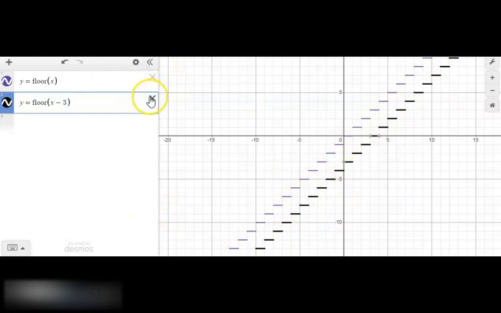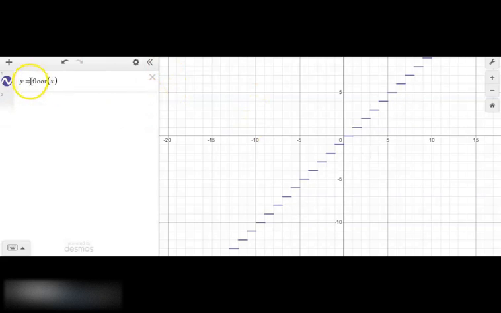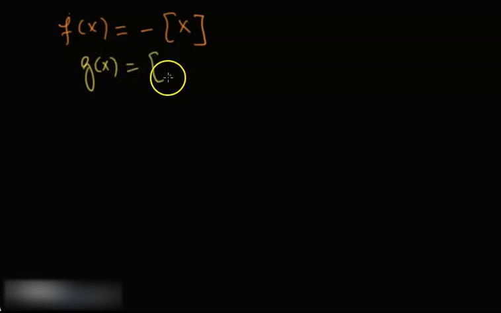Now you can ask the question, how will be the reflection? If you consider f of x equal to negative greatest integer of x, then this is the reflection about x-axis, and g of x equal to greatest integer of negative x, this is reflection about y-axis. So when I reflect along x-axis, what will happen?